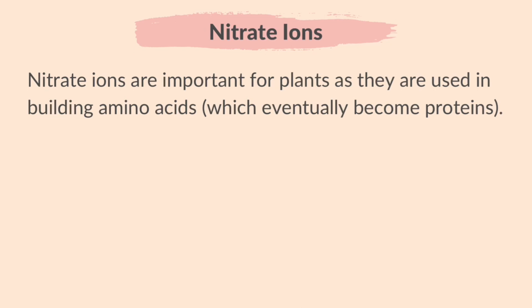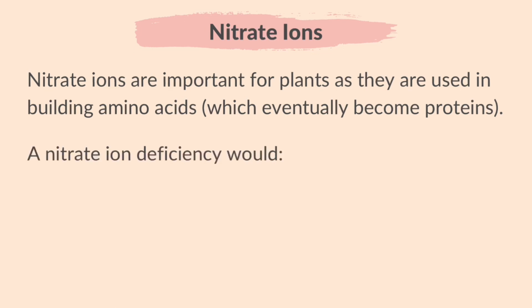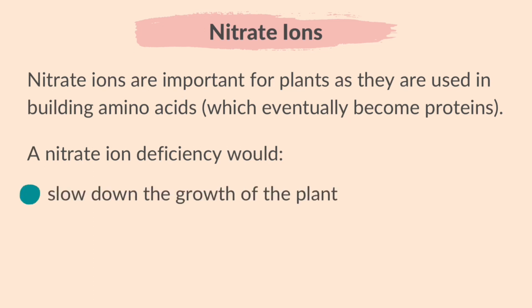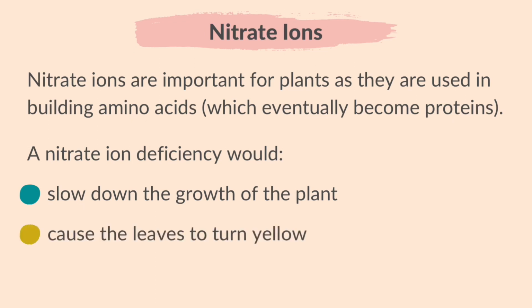Firstly, nitrate ions are important for plants as they are used in building amino acids, which eventually become proteins. A nitrate ion deficiency would slow down the growth of the plant, that is, the stem would weaken. The leaves will turn yellow.